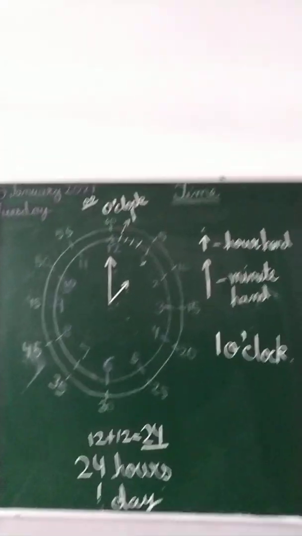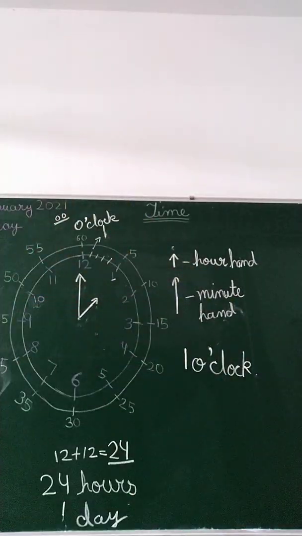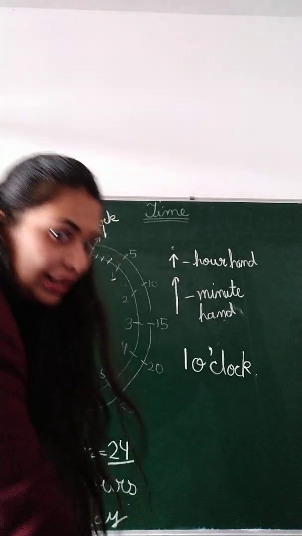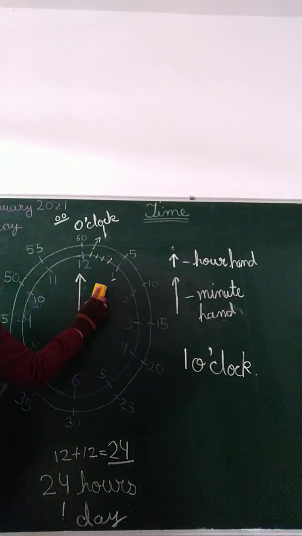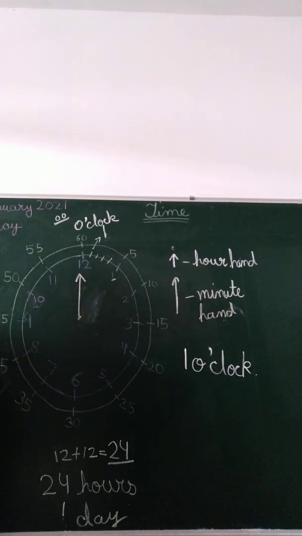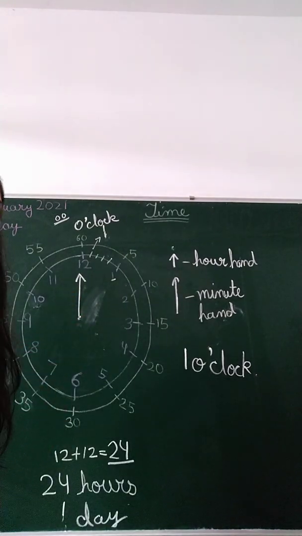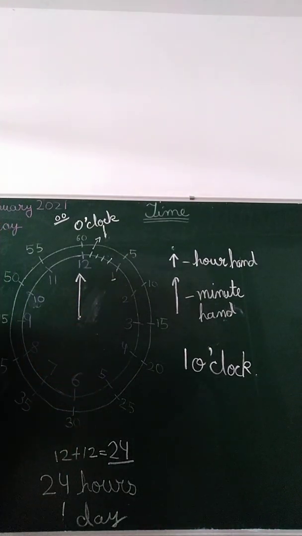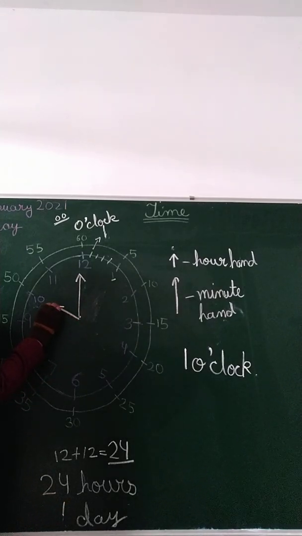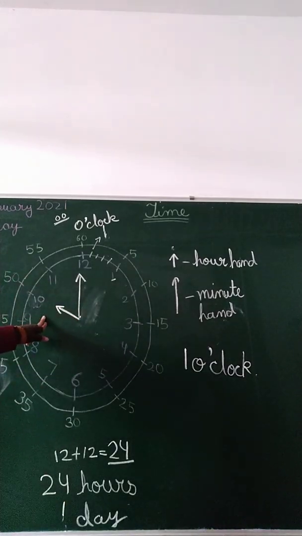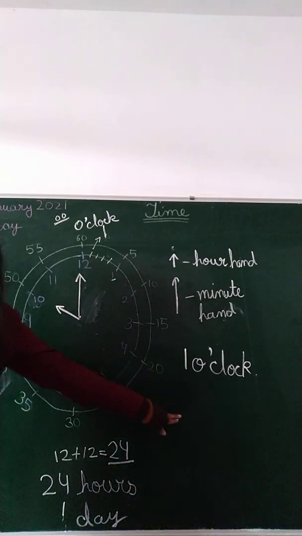I will write down some more times for you all and then I'll show you back over here. Let's see that. I'm removing the hour hand from the 1, and I'm going to point it to a new number this time, like 10. So how will we write it down over here?